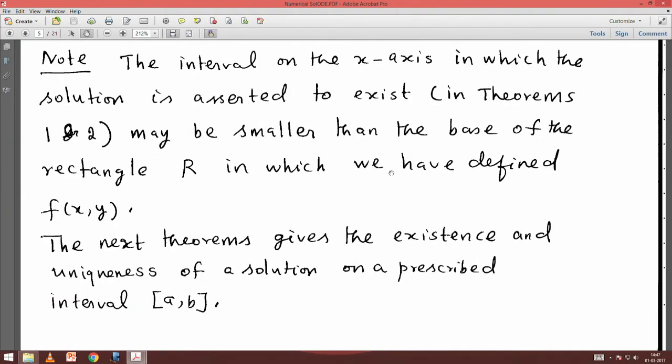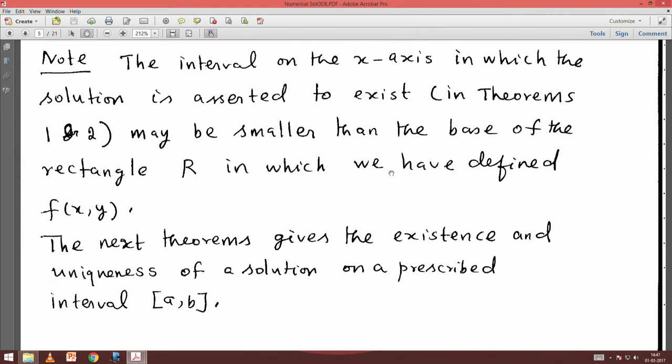So, it may so happen that the interval on the x axis in which the solution is asserted to exist in the previous two theorems may be smaller than the base of the rectangle R in which we have defined the function f of x, y.